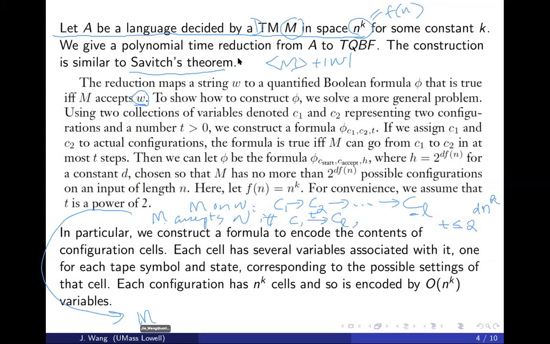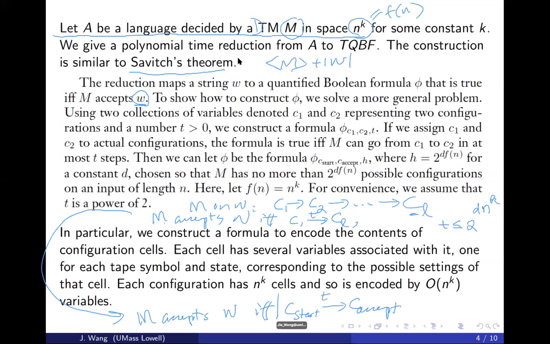M accepts W if and only if, okay, C start can go to C accept in T steps.